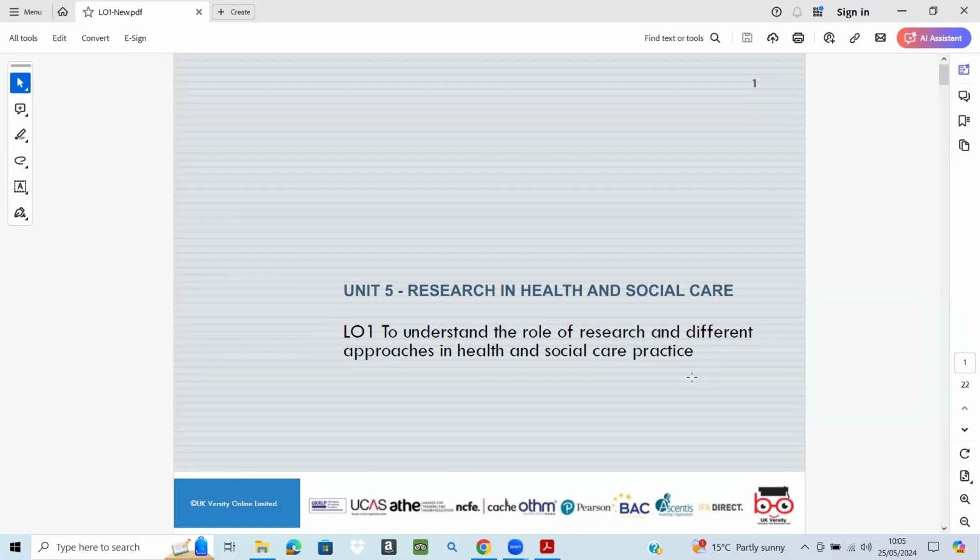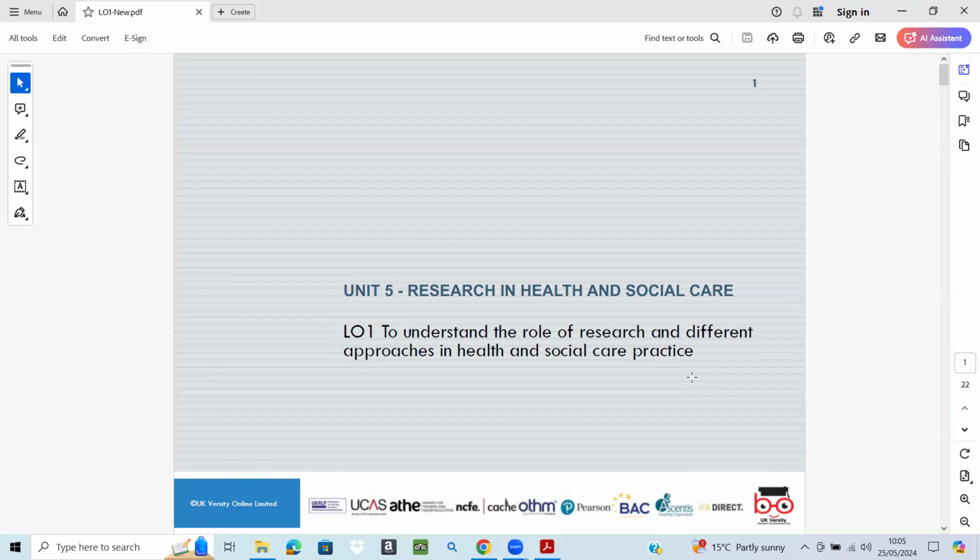For example, the development of vaccines involves research to ensure that they are safe and effective before being administered to the public. Another example could be studies in social care that might explore the impact of different types of counseling on mental health outcomes, helping to refine therapeutic approaches for better efficiency.